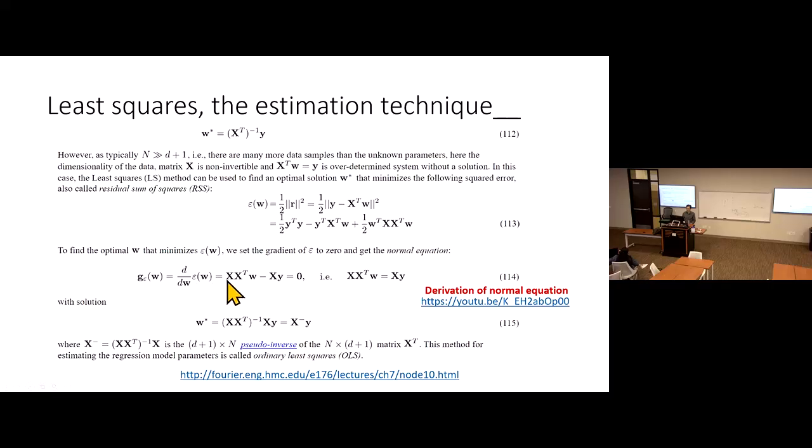Through this process you can get, in the end, that the smallest value is given when W, that's beta, equals this.